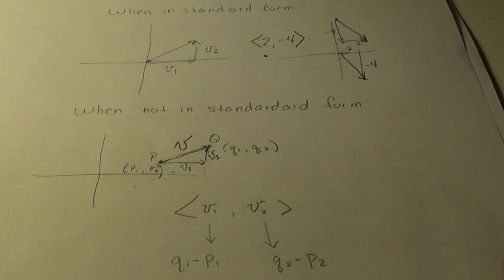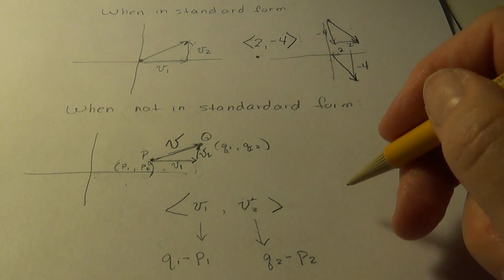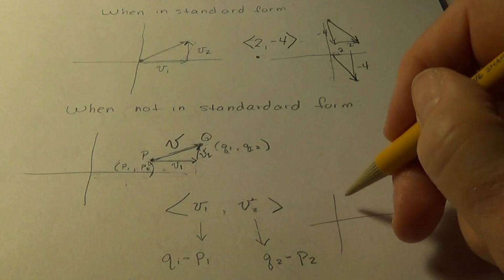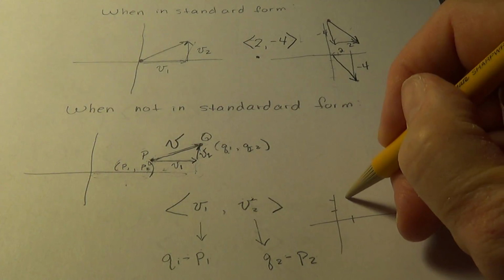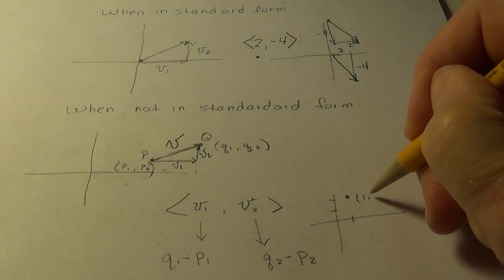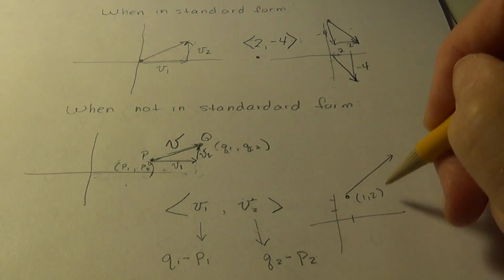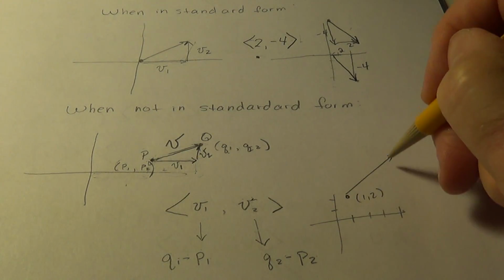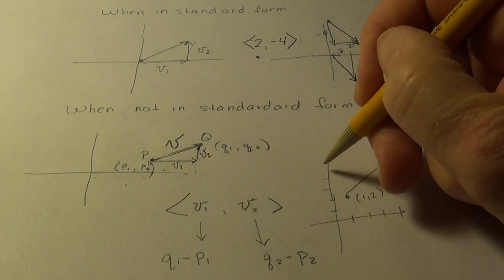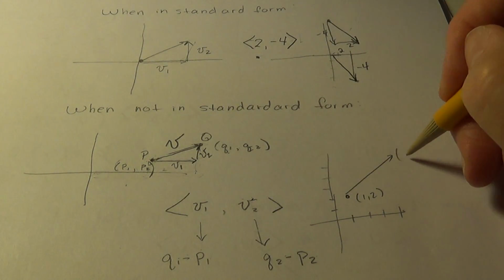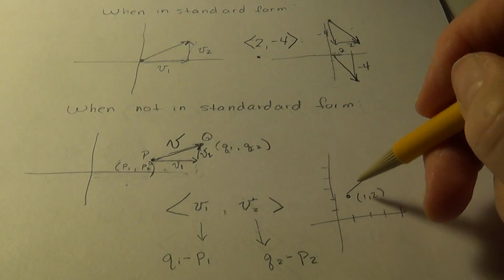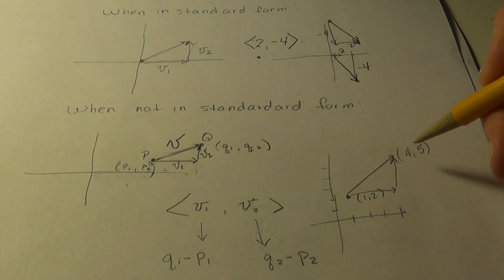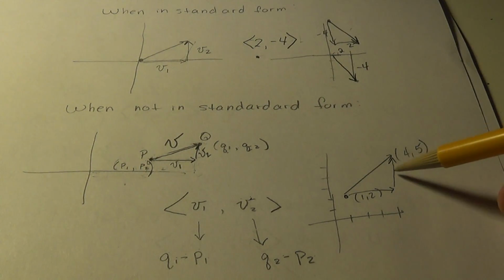Actually, these problems are easier to do in real life than they are to talk about in theory. So, as I said, I'm not going to do one in its entirety, but say we were at 1, 2, and we went out here to, say, 4, 5. How could we get the X component, or V1, and the Y component, which we also call V2?